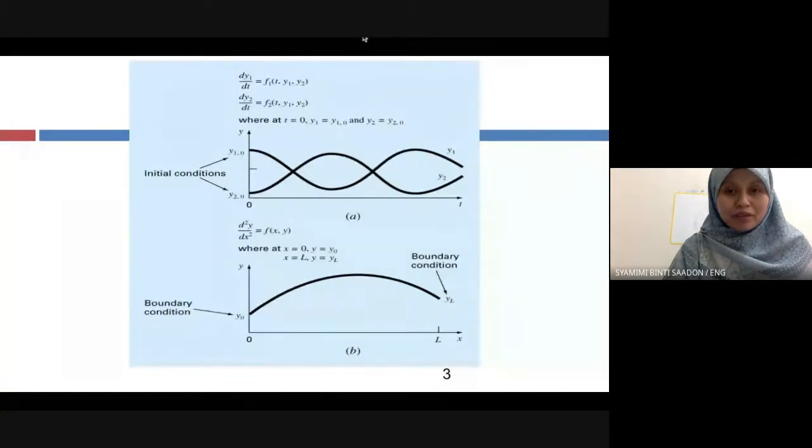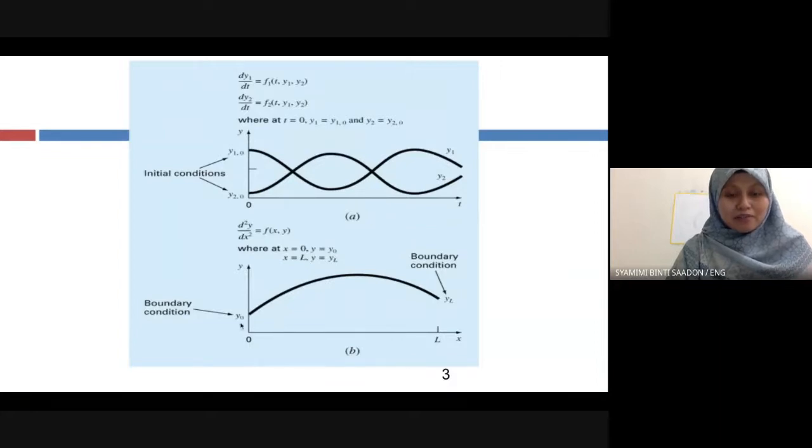Now, for boundary values, we need a second order differential equation. We need the second order. This second order is also a function, for example a function like this. We are given the boundary conditions.